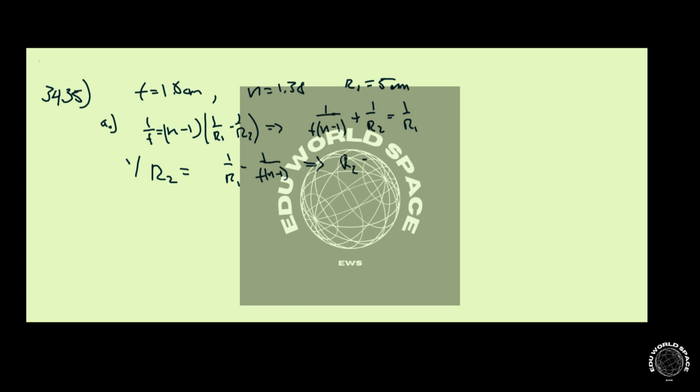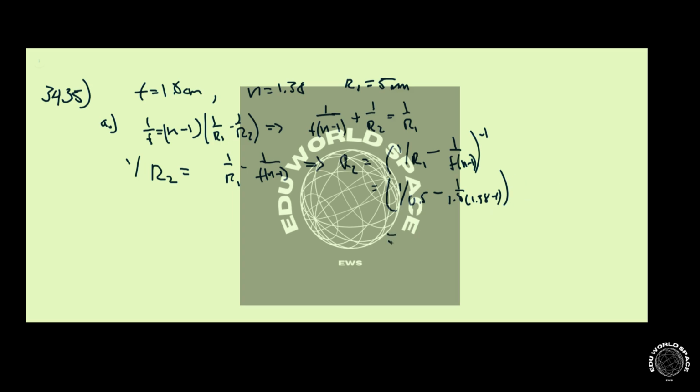Or r2 equals 1 over r1 minus 1 over f times n minus 1, inverted. Cool. So let's plug in our numbers for that, and we should have 1 over 0.5, because that's half a centimeter, minus 1 over 1.8 times 1.38 minus 1. Cool. That should be everything now.